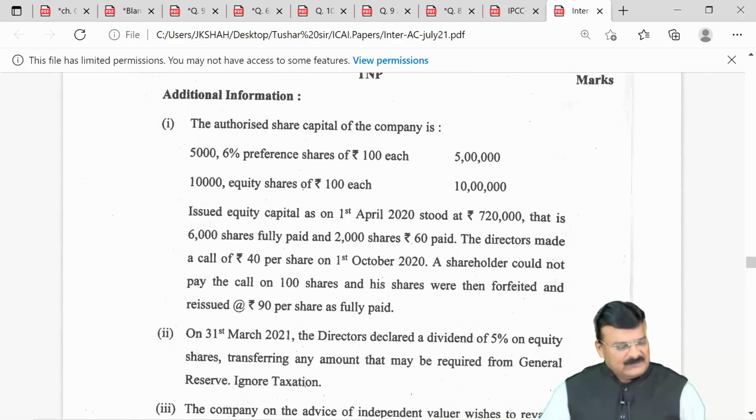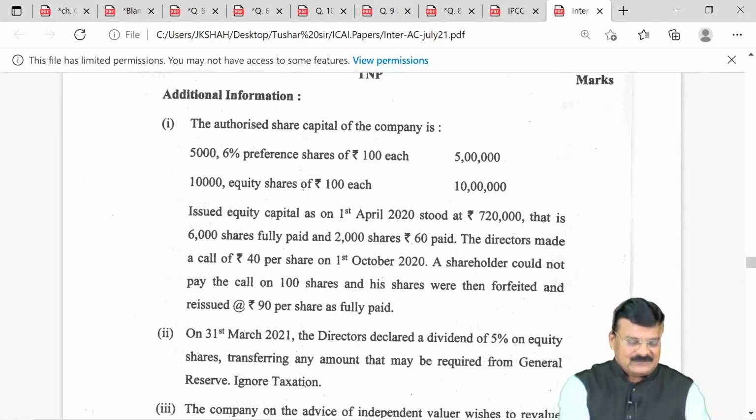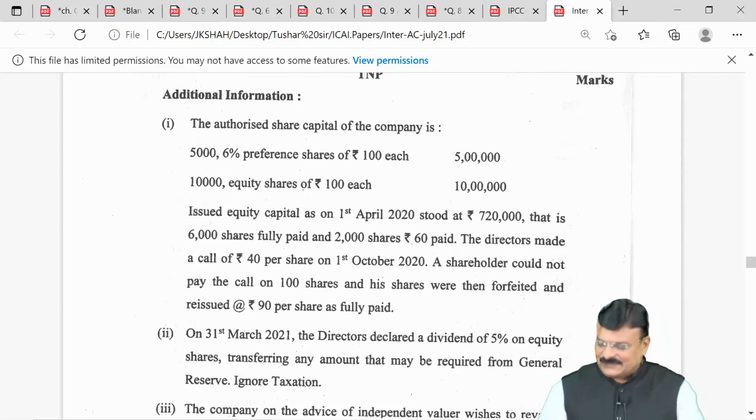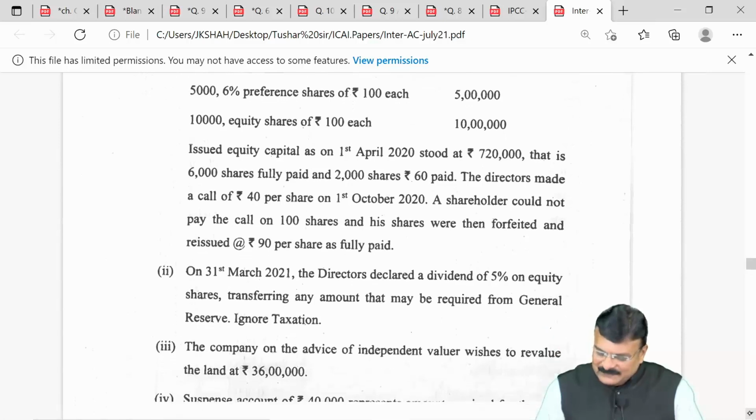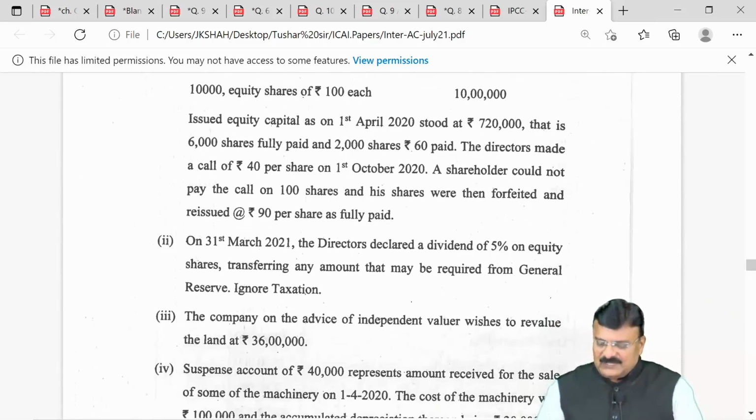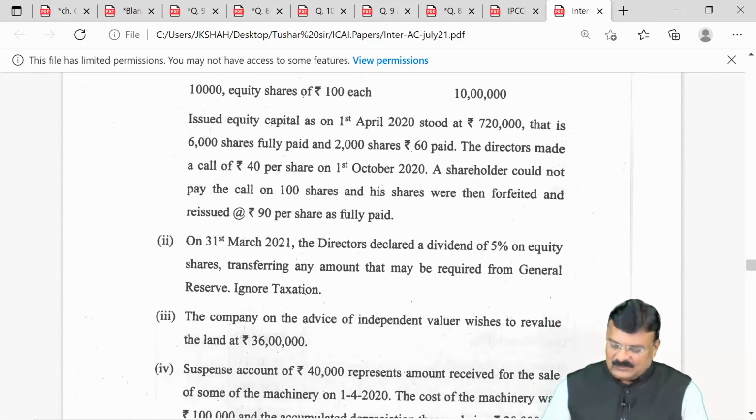The authorized share capital of the company is 5,006% preference shares of 100 each, 10,000 equity shares of 100 each. Authorized capital is a disclosure requirement. Issued equity capital on 1st April 20 stood at rupees 7,20,000.